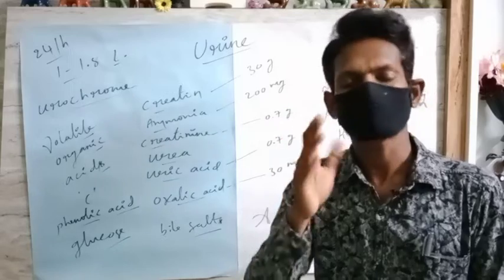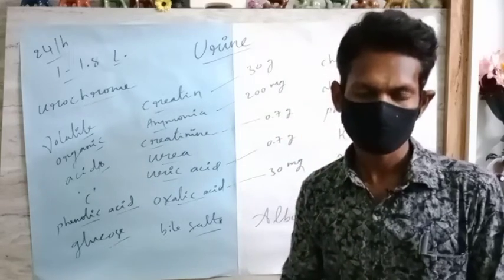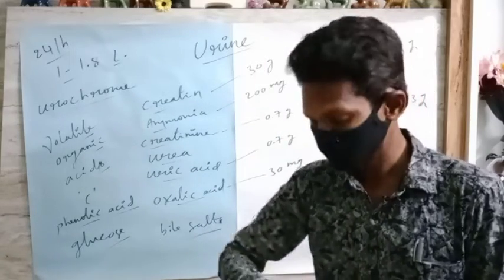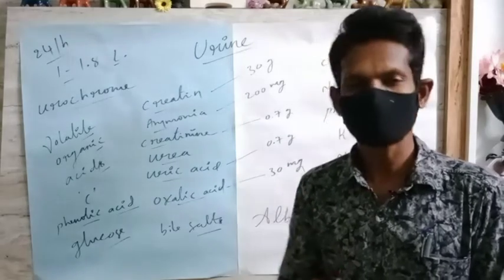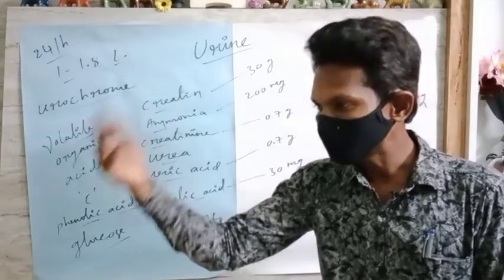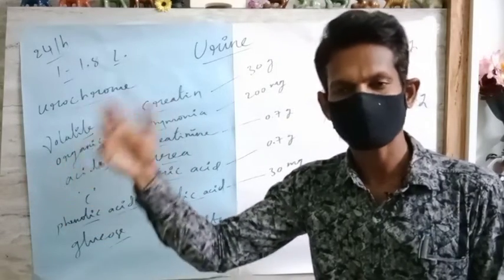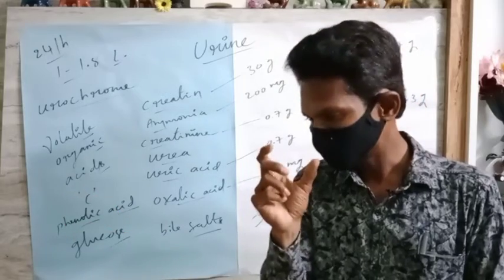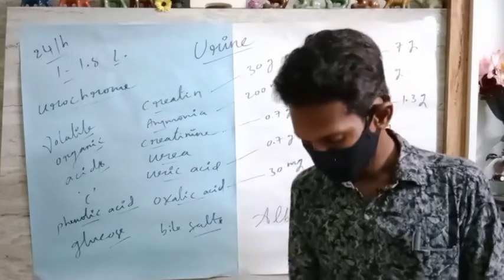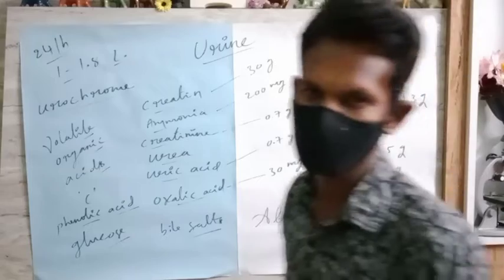That much volume of water should be consumed. Someone has 80 kgs of body weight, then 80 by 30. So what is the value? That volume of water should be consumed by the particular person, male or female.